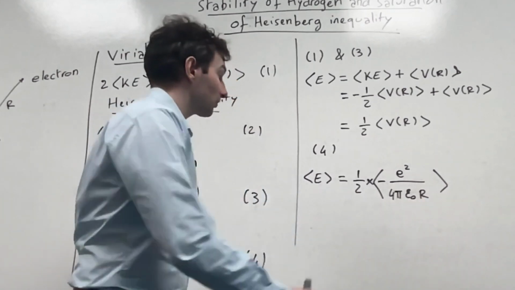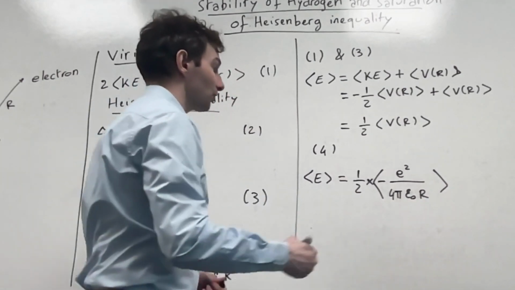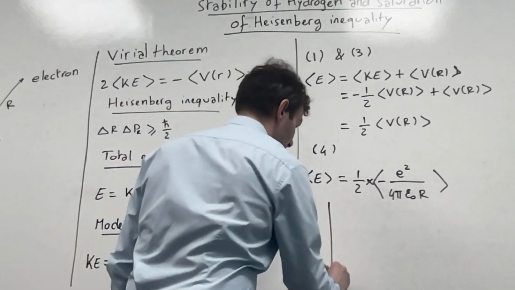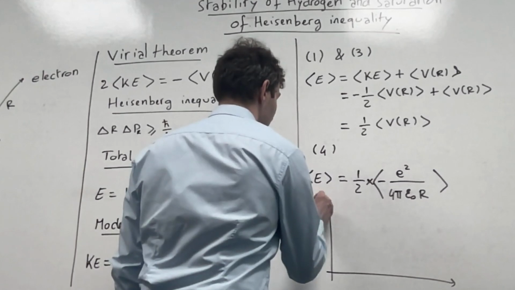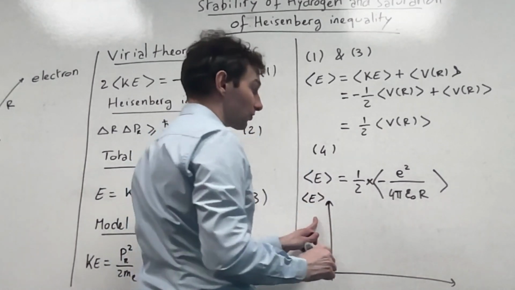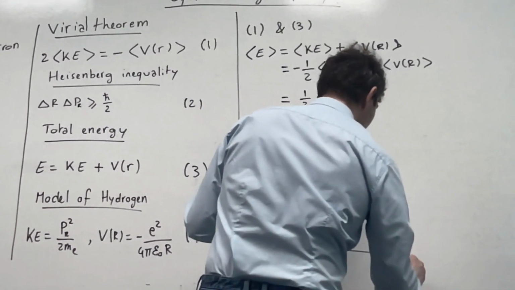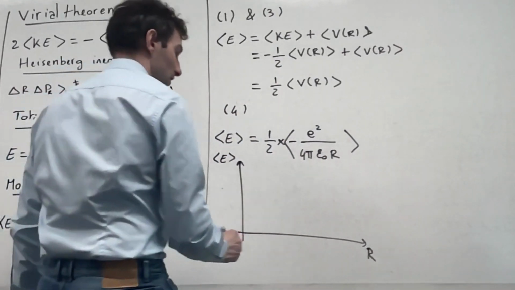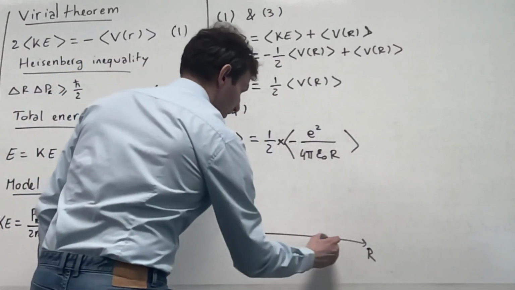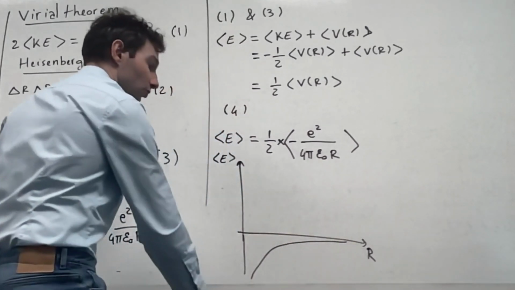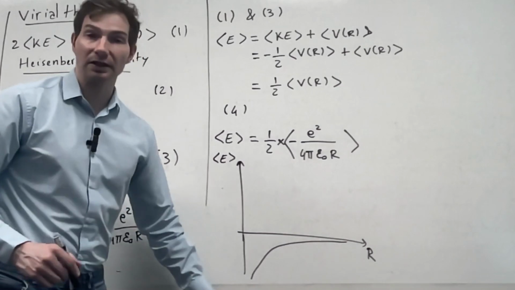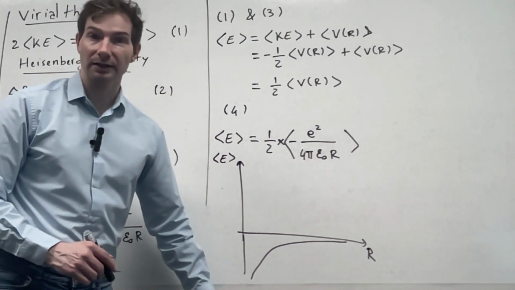If you look at this total energy here, you can plot that. That's the expectation of the total energy as a function of R. And what you're going to see is that basically this thing is going to diverge and go to minus infinity as you approach 0.